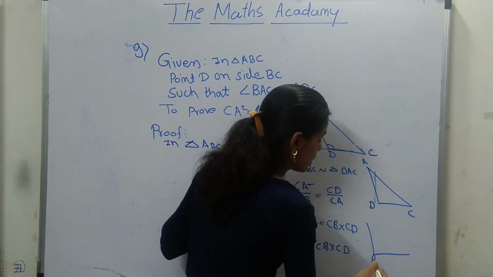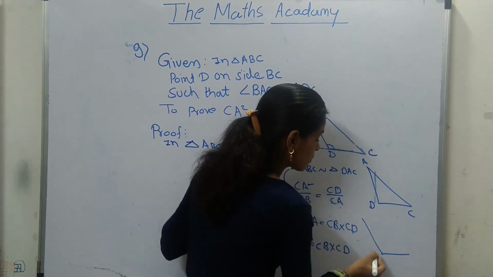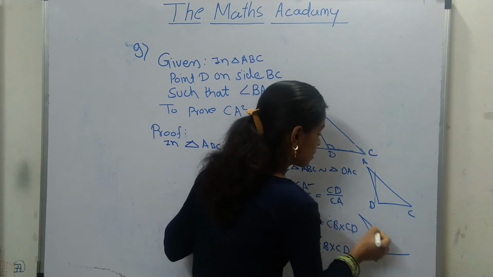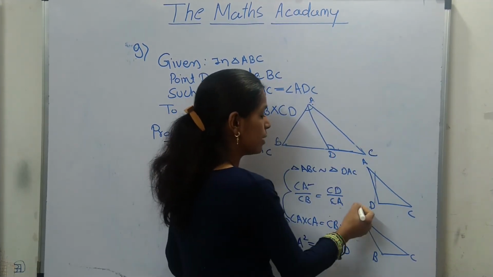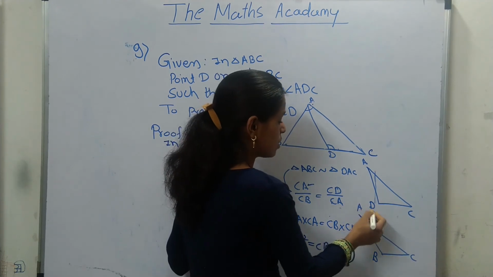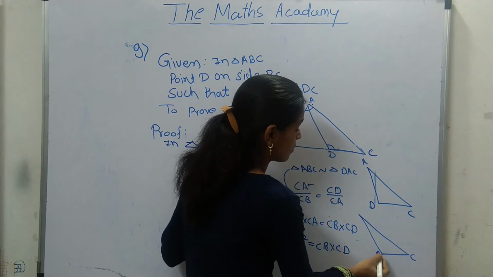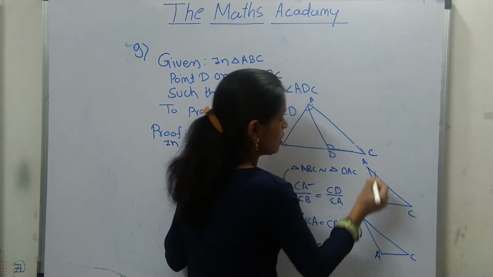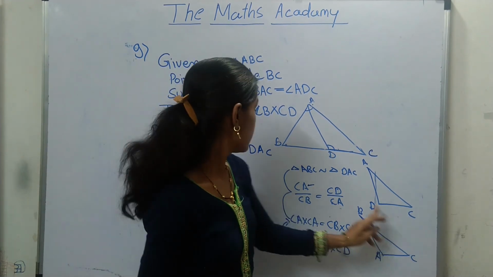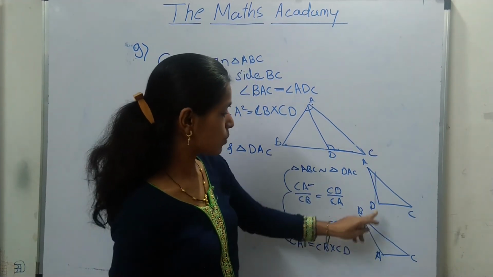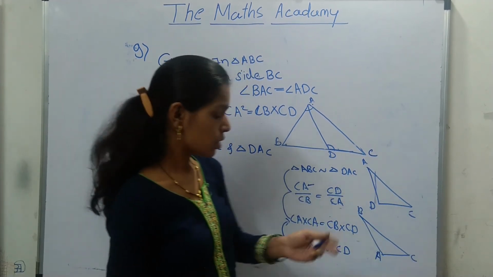Here is the point B because D corresponds with B. So here is the point B, and this is C, the common point, common angle of both triangles, and this is point A. A and D are equal angles. So the one-to-one correspondence is like that: ABC, DAC. A corresponds to D, B corresponds to A, C corresponds to C.